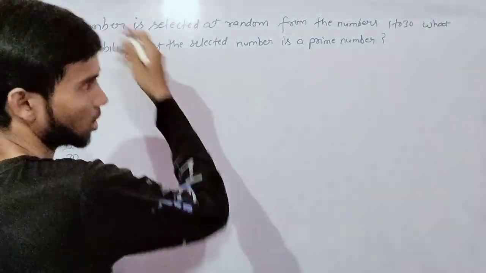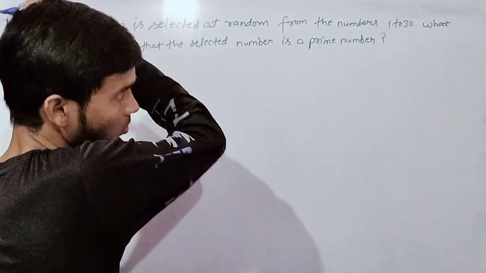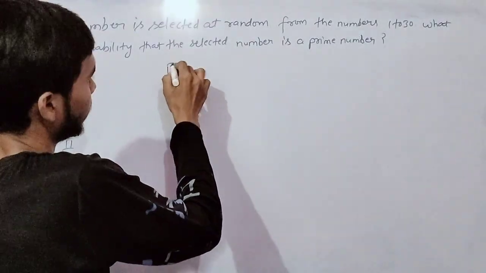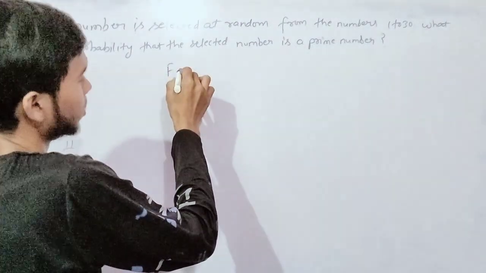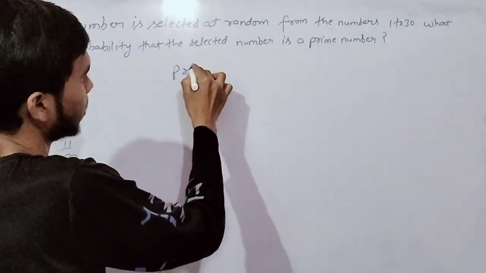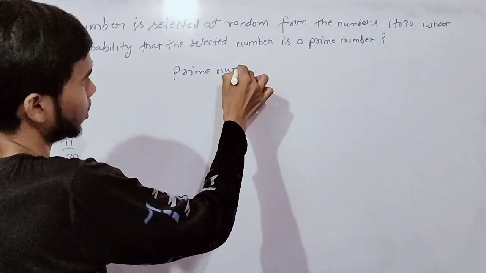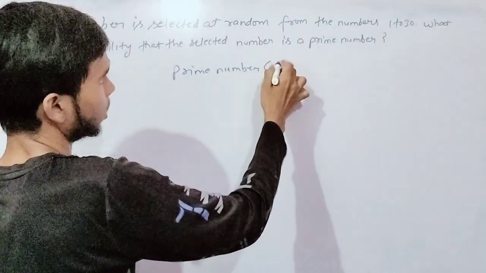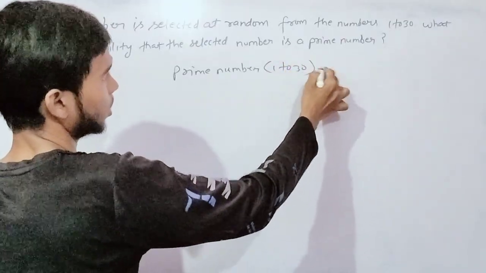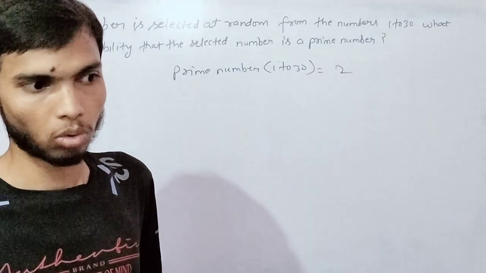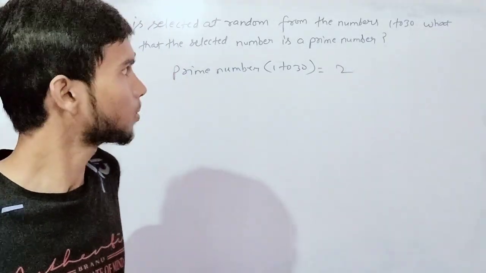So you can list the prime numbers between 1 to 30. Here 2 is a prime number.